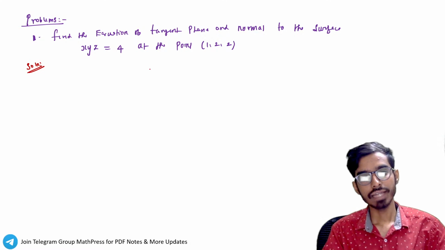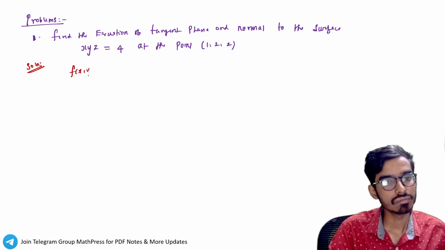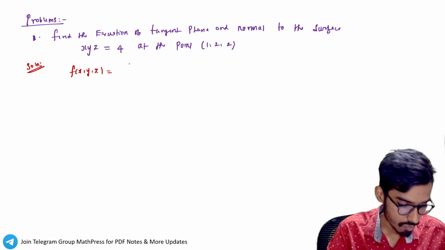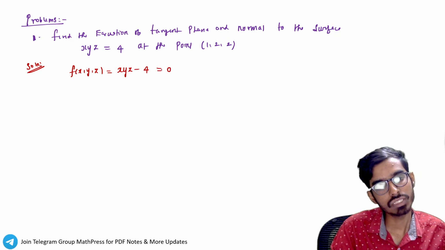So find the equation of the tangent plane and normal to the surface. So we have f of x, y, z equal to xyz minus 4 equal to 0, right?